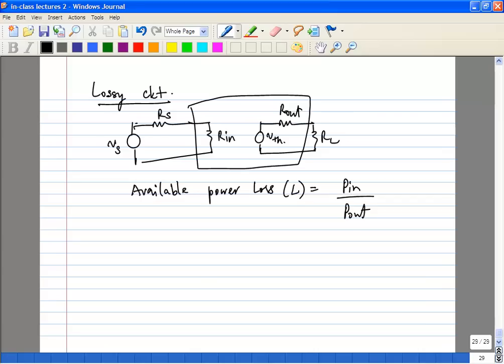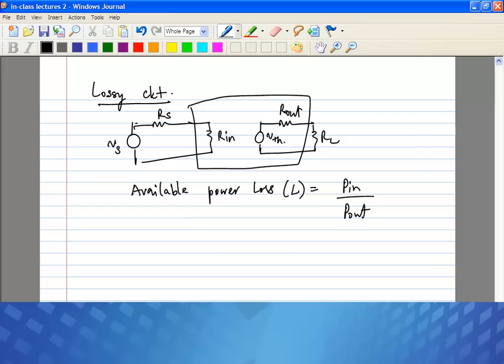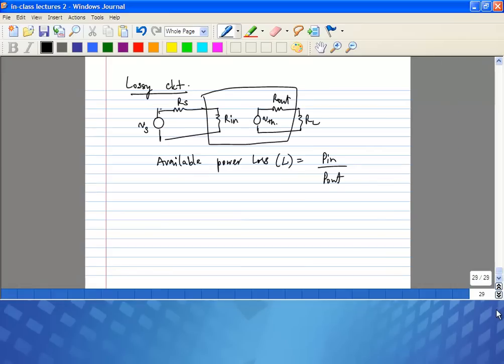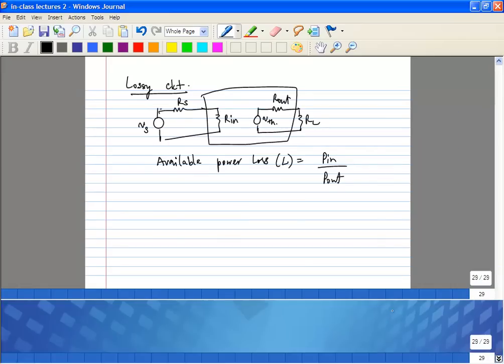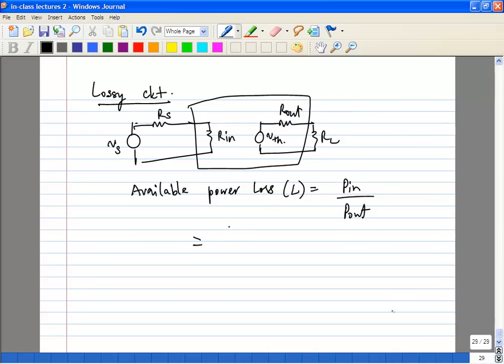So what you'll find is, for LNAs and other things, you'll specify gain in dB, like 15 dB or 20 dB. Whereas for lossy circuits, the loss is defined as like half a dB or 1 dB. It's actually a negative power gain. That's what it is. So what is Pn?